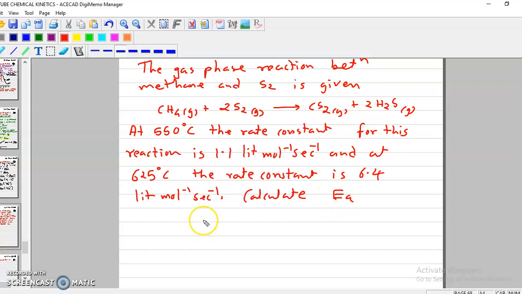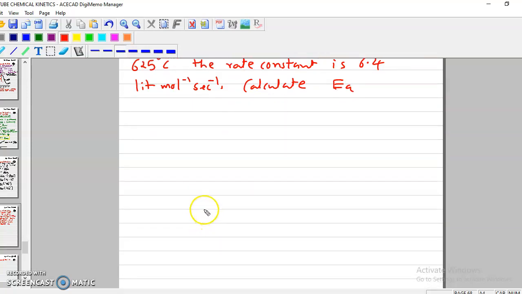So what is given? From this data, K1 is 1.1 liter mole inverse second inverse. T1 is 550 degrees Celsius, so you should convert this Celsius into Kelvin.